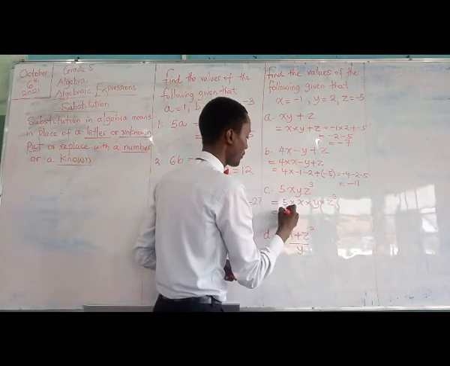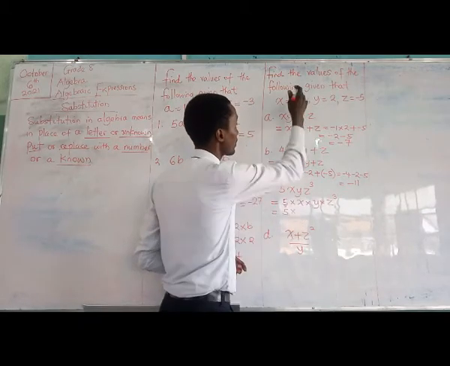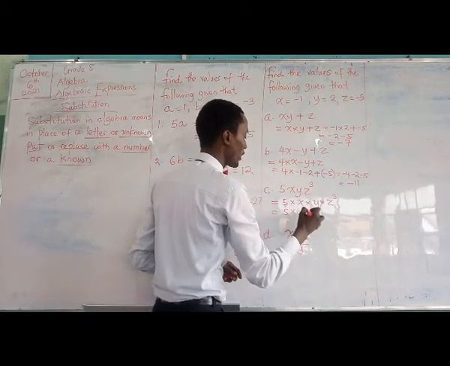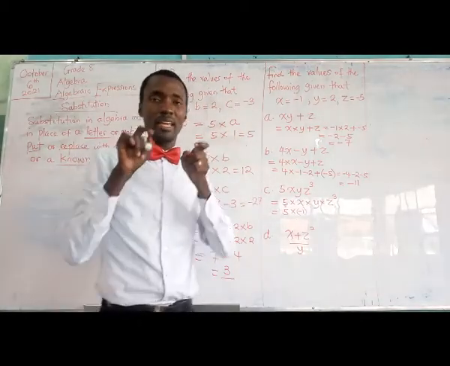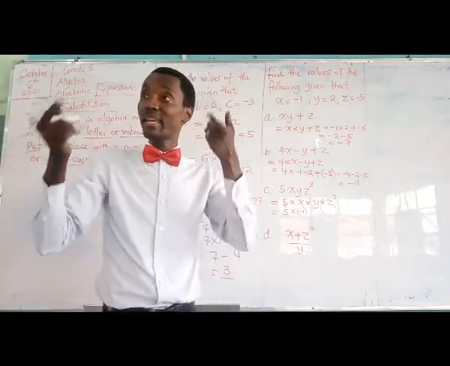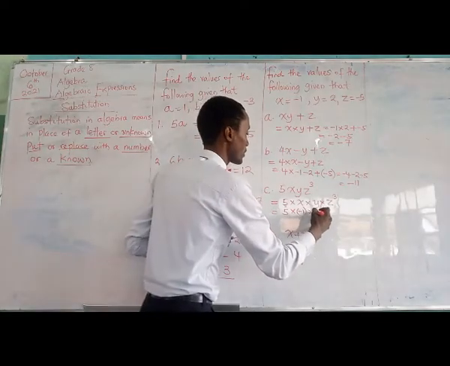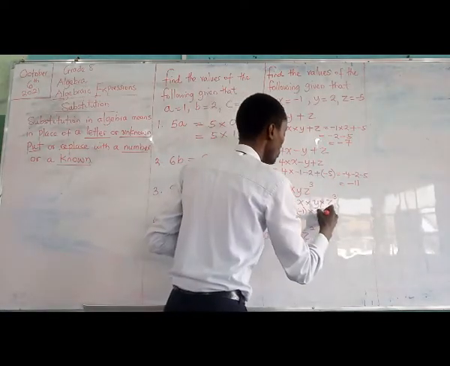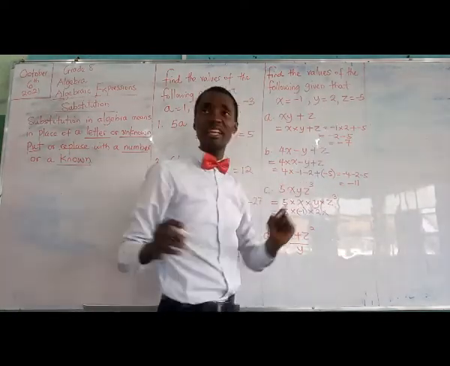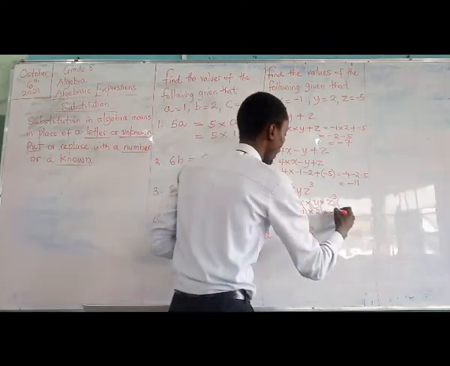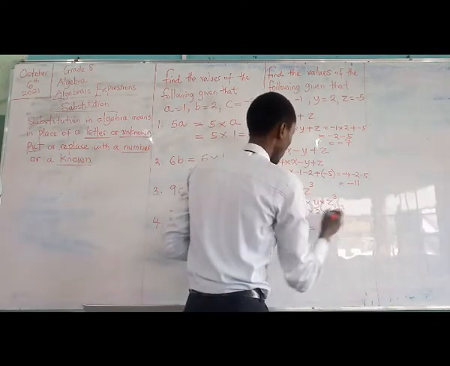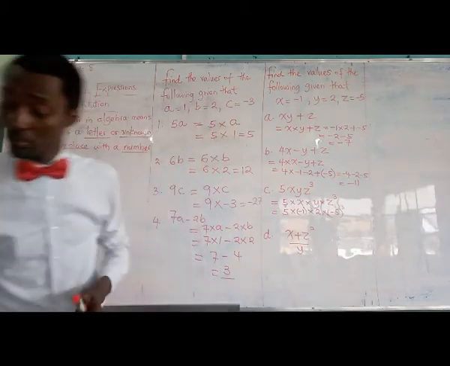So this will be 5 times negative 1. Usually in algebra, we use a bracket for a negative just to tell you that it's negative, times y, which happens to be 2, times z. Z is what? Negative 5. So that will be negative 5 all cubed. Now what does that mean? Maybe I'll need to create some space for myself.